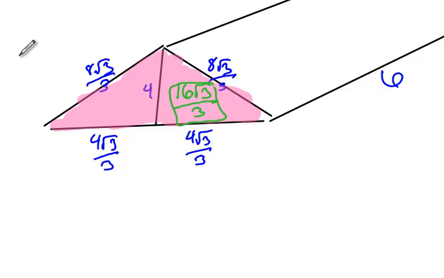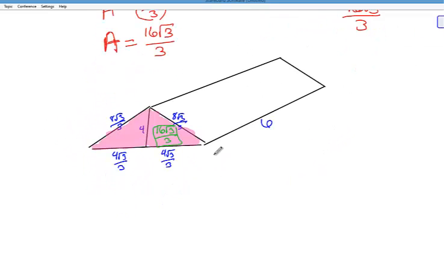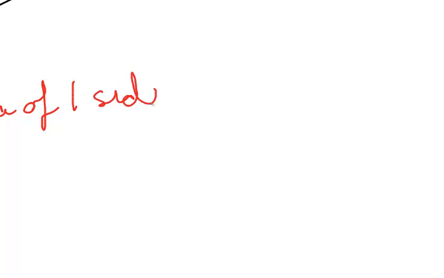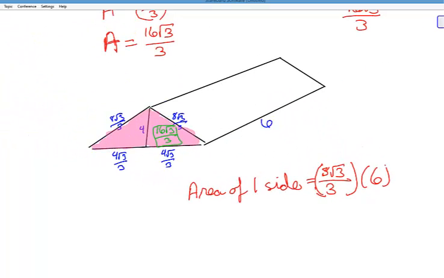Well, the area of a rectangle is length times width, or length times height. So the area of this rectangle, or the area of one side, is equal to 8 times the square root of 3 divided by 3 times 6.